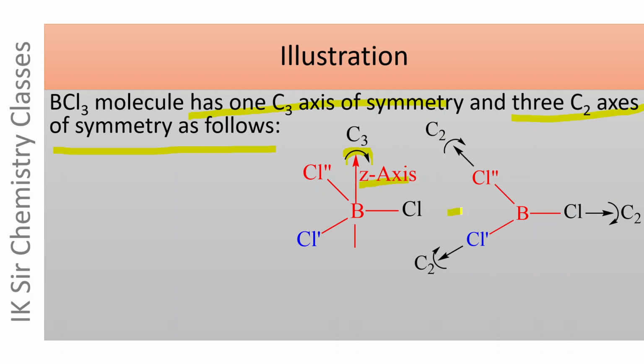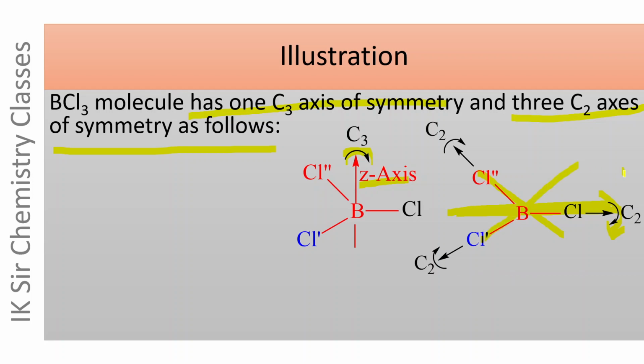If this BCl3 molecule is rotated about this axis through 180 degree, an identical orientation will be obtained, and hence this axis is C2, which is along BCl bond. There is another C2 along BCl double dash bond, and there is third C2 also along BCl dash bond.